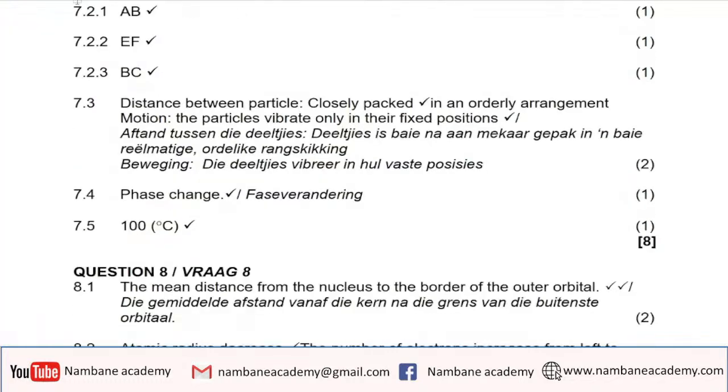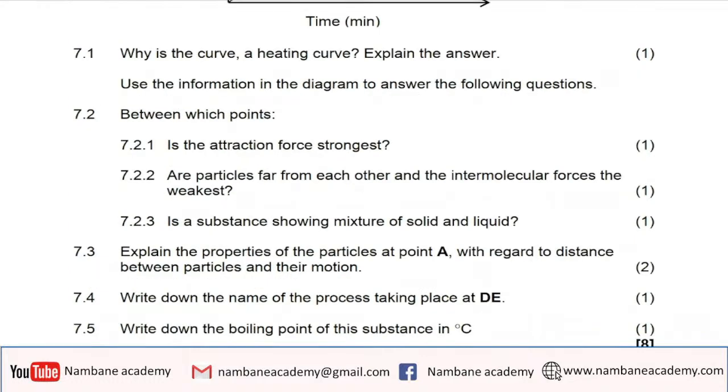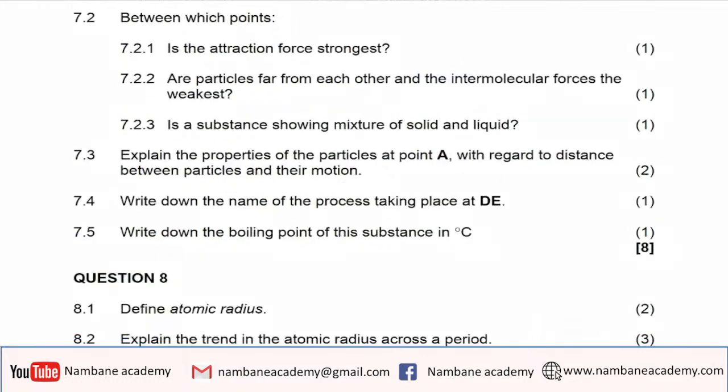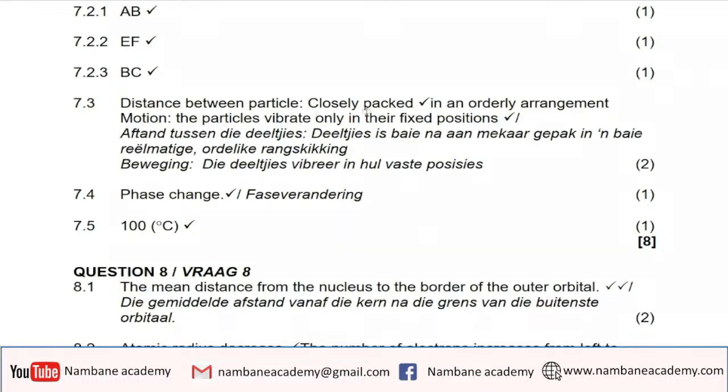And then the next question, explain the properties of particles at A with regards to the distance between their particles and their motion. So at point A, the particles are closely packed in an orderly arrangement. So we can see the mark is on closely packed. And then the motion is that particles vibrate only in their fixed positions. So that is 2 marks for that one.